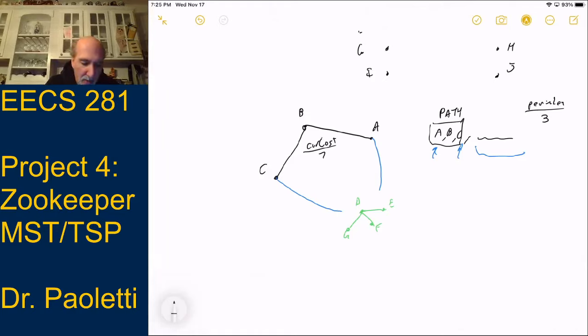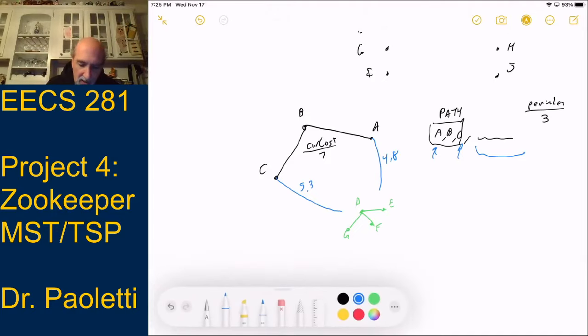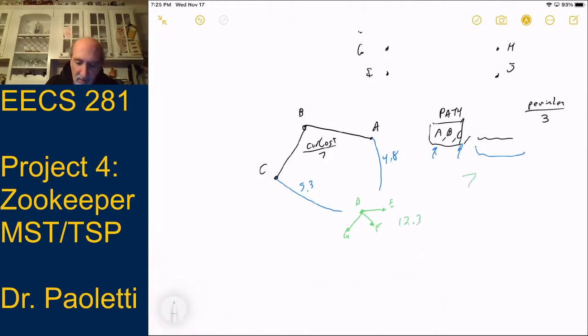I've got my blue arms are like 5.3 and 4.8. Okay, so I've got 7 plus 5.3 plus 4.8, and then I've got the green estimate is, let's say, 12.3. So I got 7 plus 12.3 plus 5.3 plus 4.8. We add this all up.